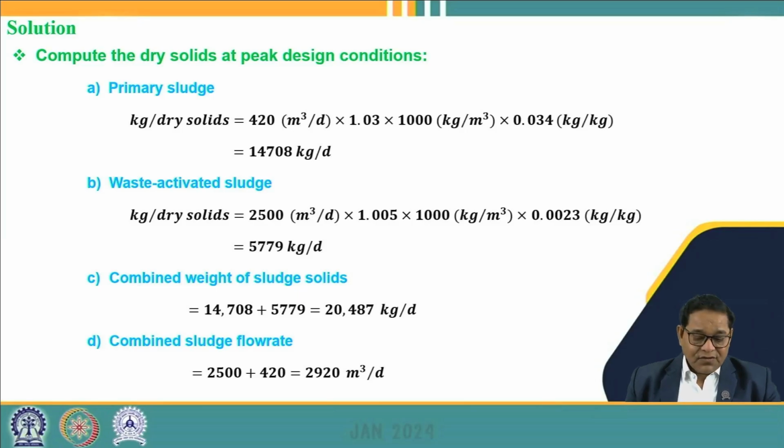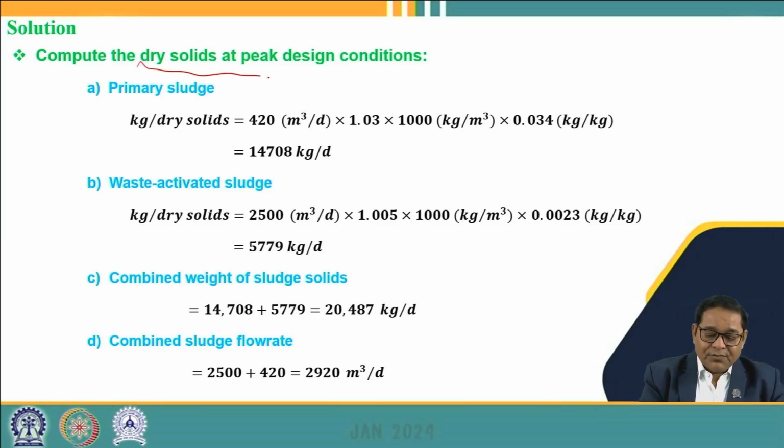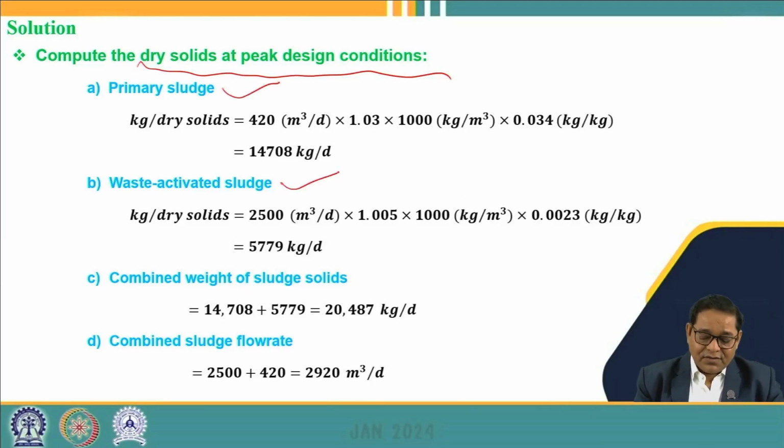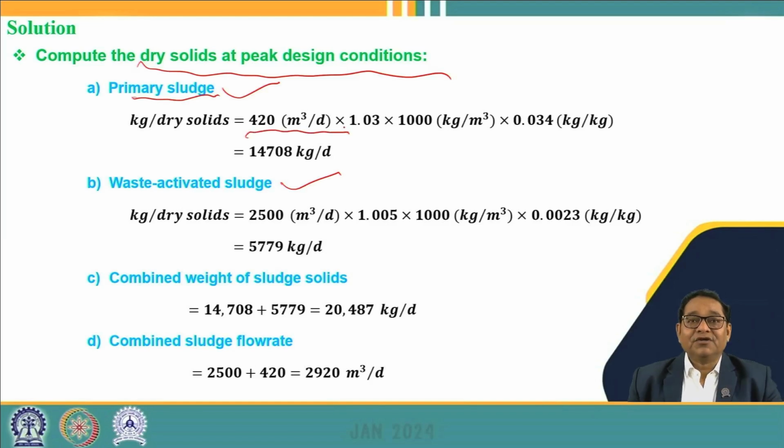Here, first of all we have to compute the dry solids for the peak design conditions, how much dry solids are produced from the different types of sludge. For primary sludge, the flow rate is given as 420 meter cube per day and the specific gravity is given as 1.03, multiplied by 1000.